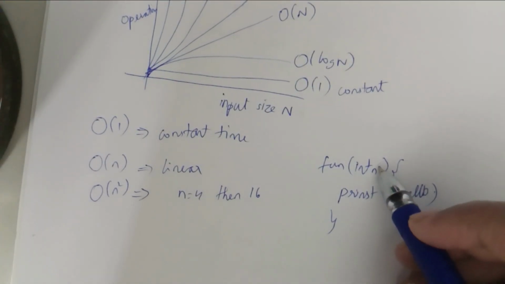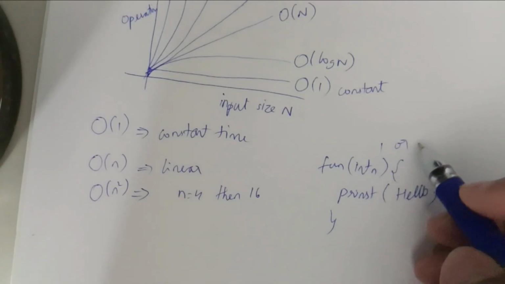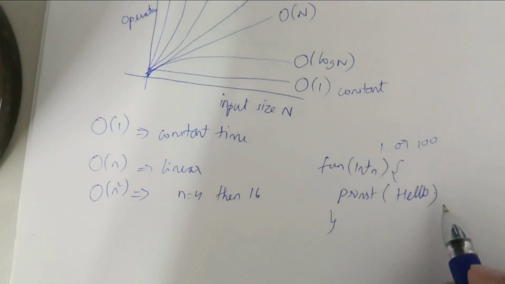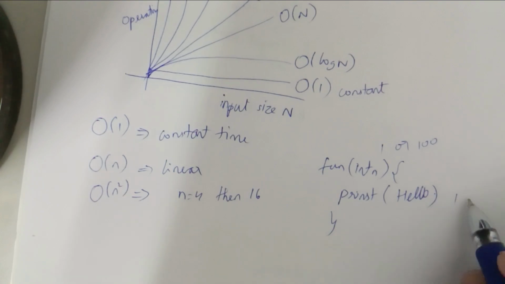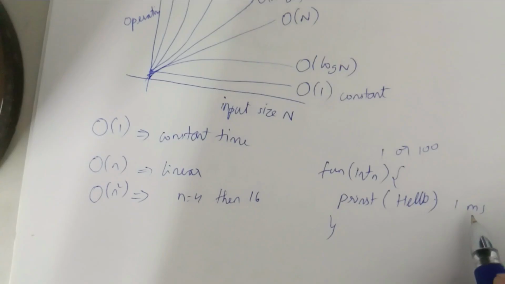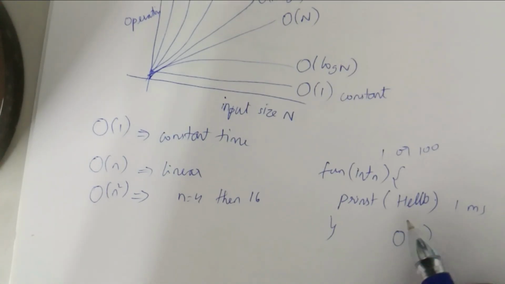If n is 1 or n is 100, it will just print hello once. So if it takes 1 millisecond, then for all n's it will take 1 millisecond. So this is constant time, so this is big O of 1. It does not depend on the input.